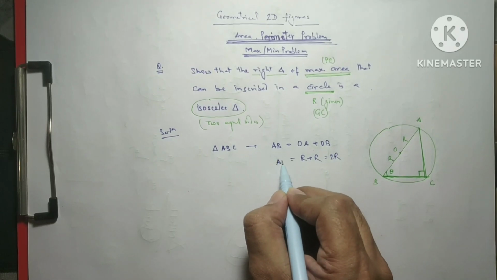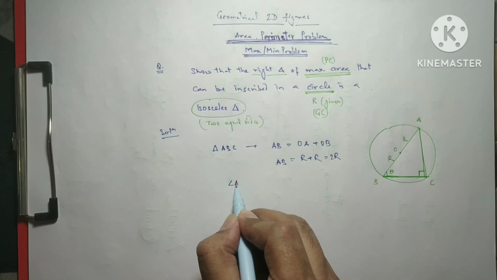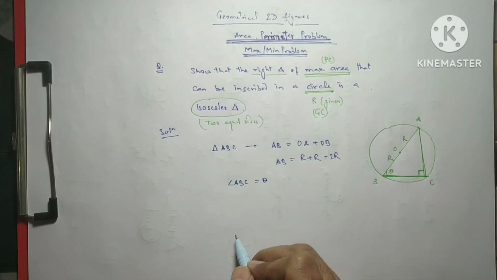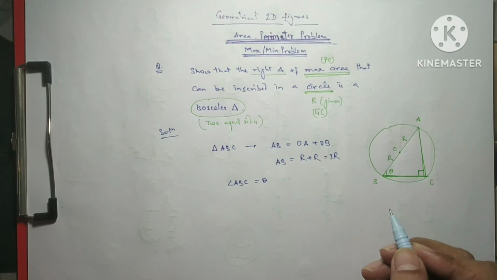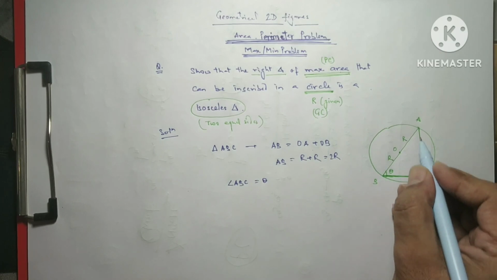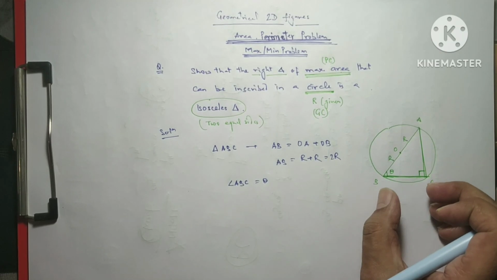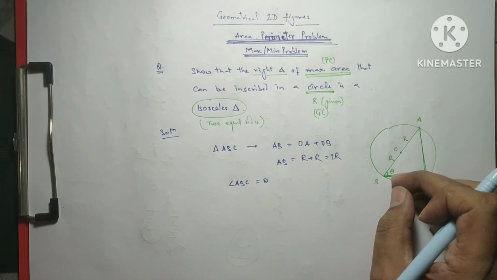So AB is 2R and angle B is theta. So we want the area of the triangle. For the area of the triangle we want the base and height, BC and AC. So we will try to get the values of BC and AC in terms of 2R and theta.